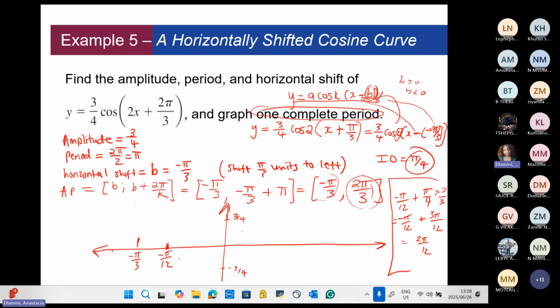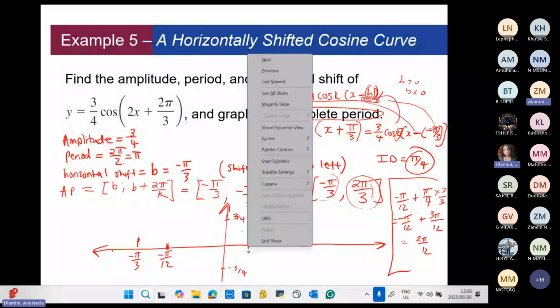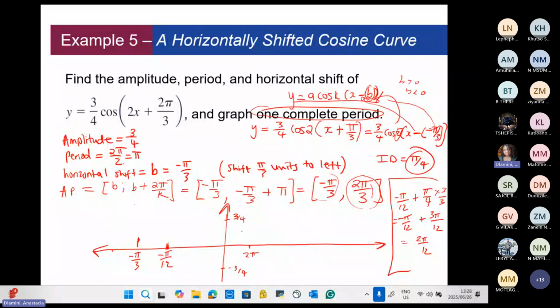Let's write it here: 2 pi over 12. Leave it at 12 so that you cannot be confused. Then 2 pi over 12 plus again pi over 4. What do you get? Not 7 pi, it's 5 pi over 12.